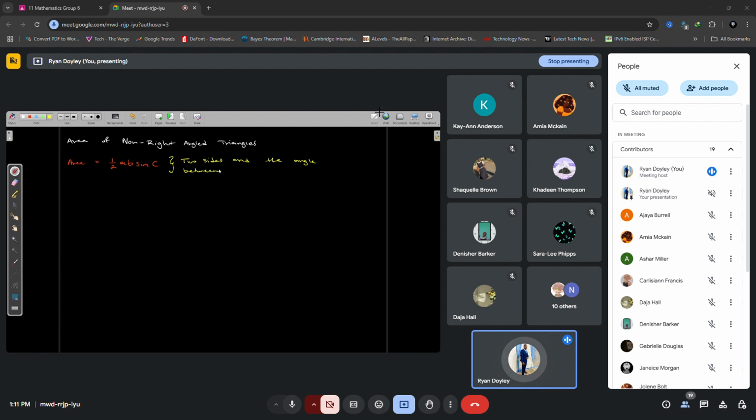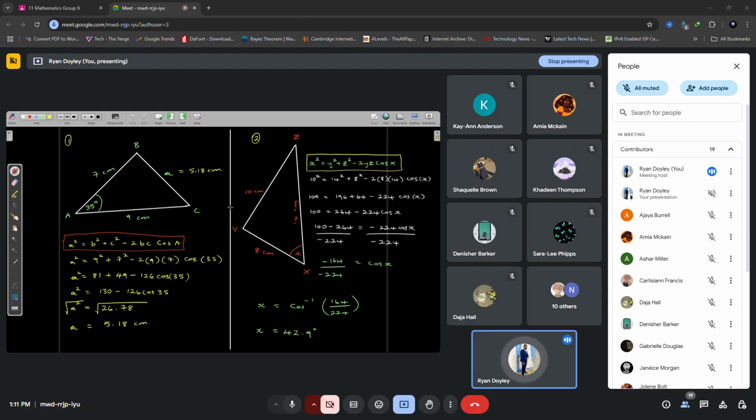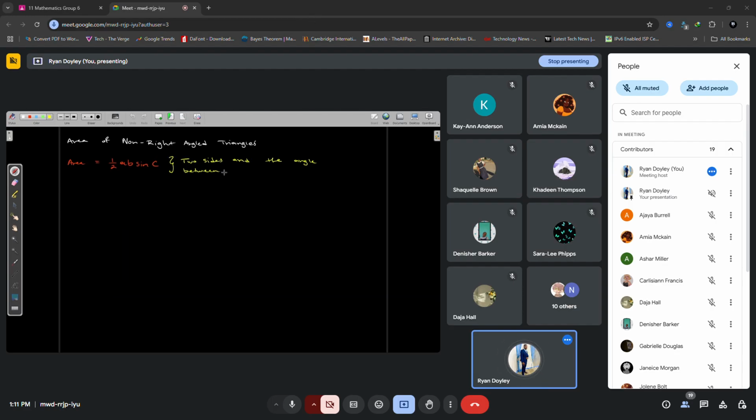This one in particular is referred to as the side angle side formula. And the cosine rule would be side side side or side angle side. But we won't get into that. That's not of great importance.